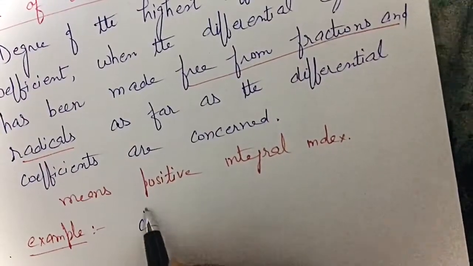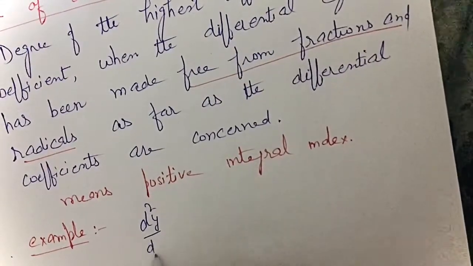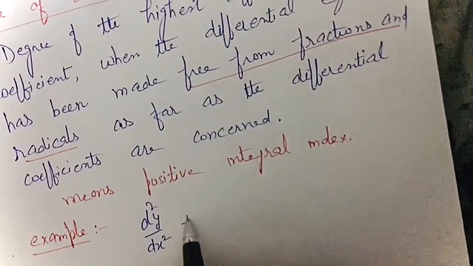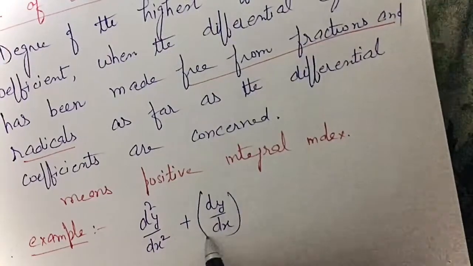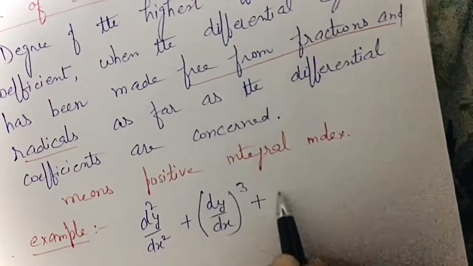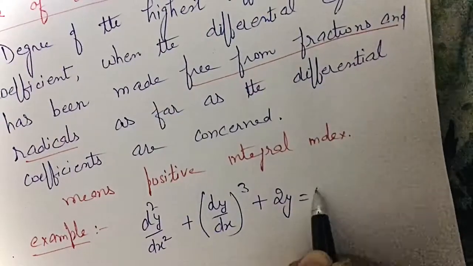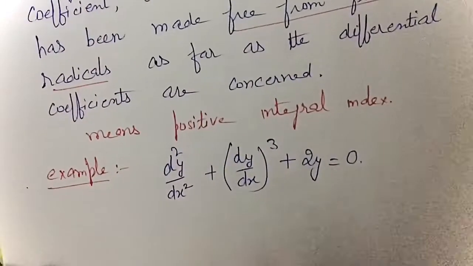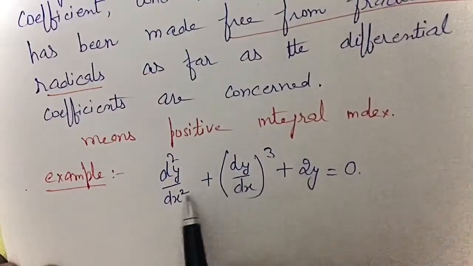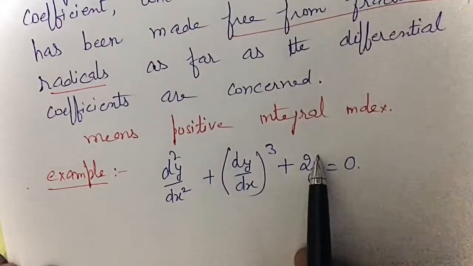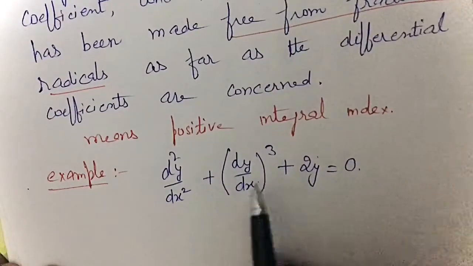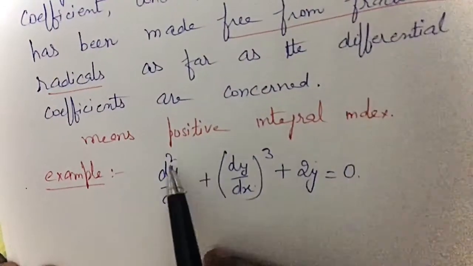we are considering the same example. If we have this equation, it has three terms. This is only the dependent variable, this is its first order derivative, and this is the second order derivative. The highest order is this.